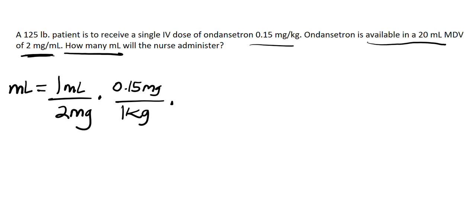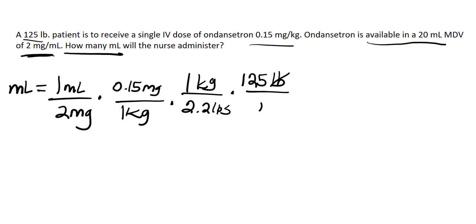So 1 kilogram to 2.2 pounds. And then what is our pound? 125 pounds. That cancels everything out. We're left with milliliters, and then we just multiply.